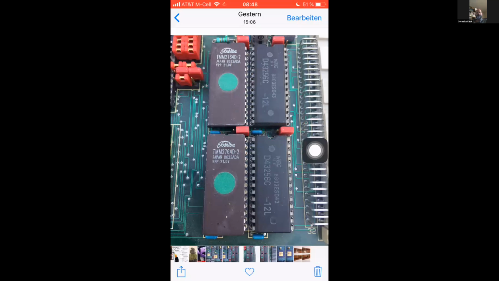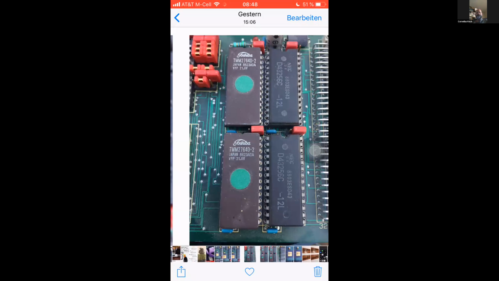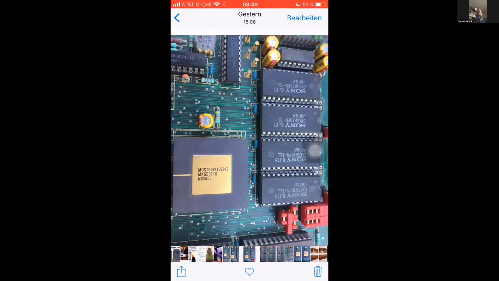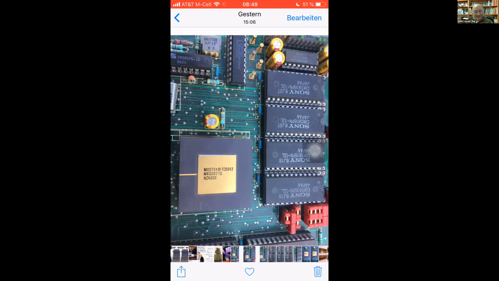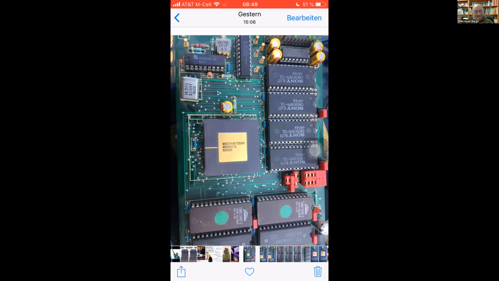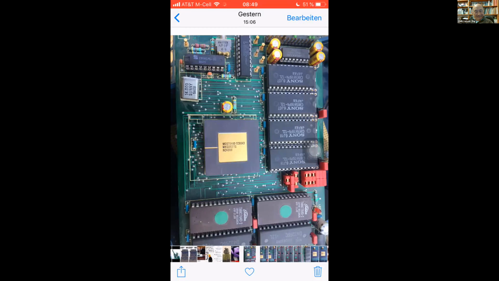Okay, here we go. Dr. Ting, you might know this one because you were instrumental in developing it. The Novix NC4000 CPU single board computer, sold in the late 80s in Germany.